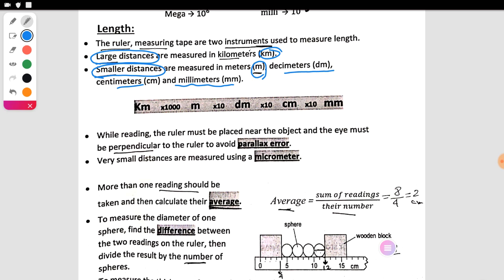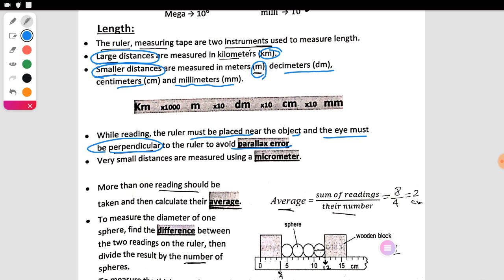Our reading of the ruler must be placed near the object, and the eye must be perpendicular. This is a precaution when measuring length using a ruler, to avoid parallax error.